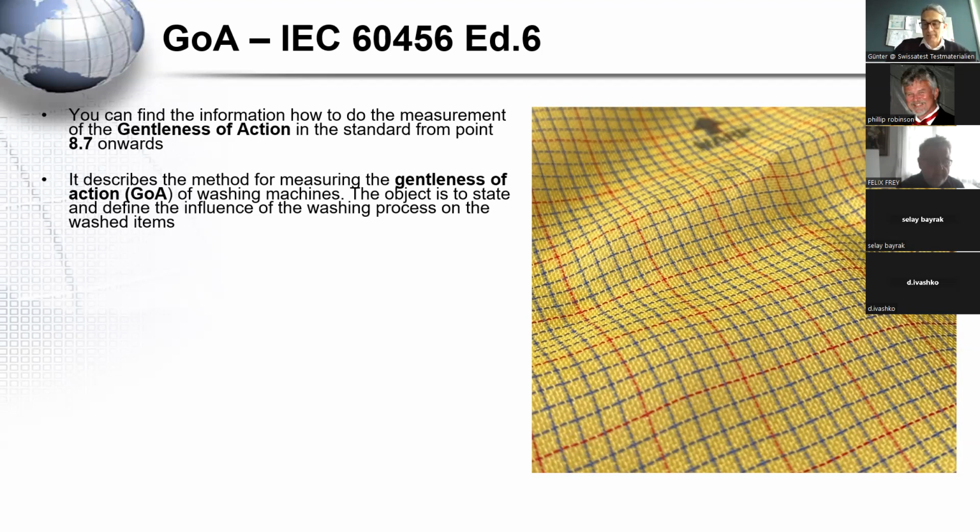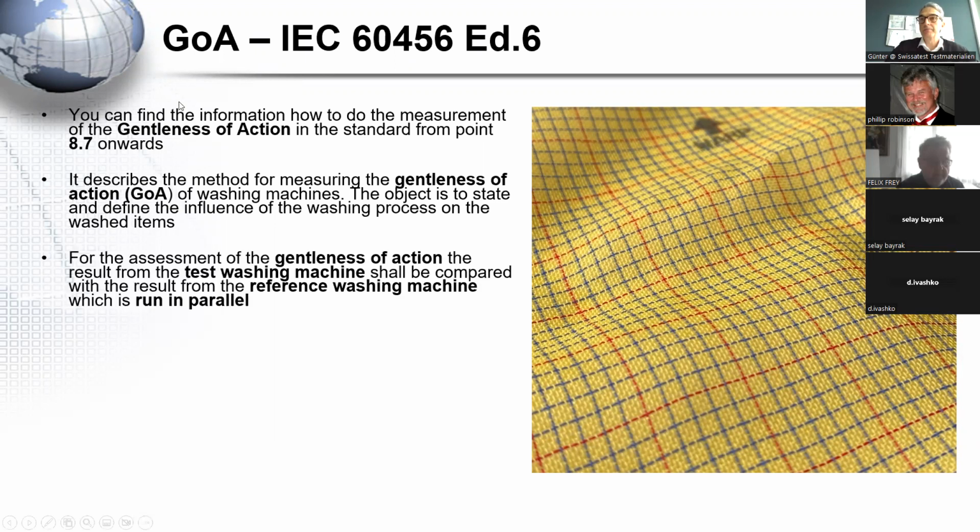It describes the method of measuring the gentleness of action for washing machines to define the influence of the washing process on the washed items. For the assessment of the gentleness of action, the results from the test washing machine shall be compared with the results from the reference machine. So it's also a run in parallel. I think you heard this also before in other webinars, that it's always a run in parallel.